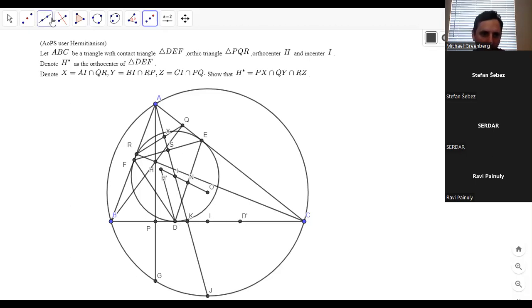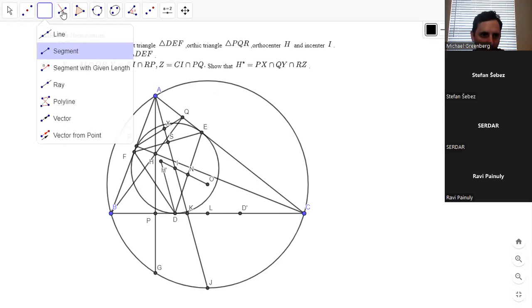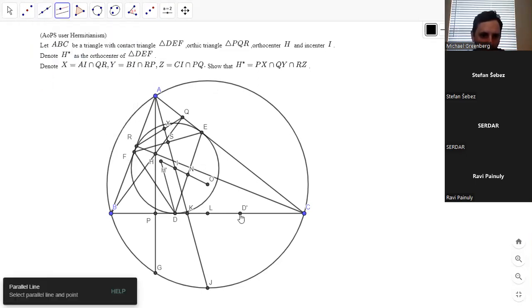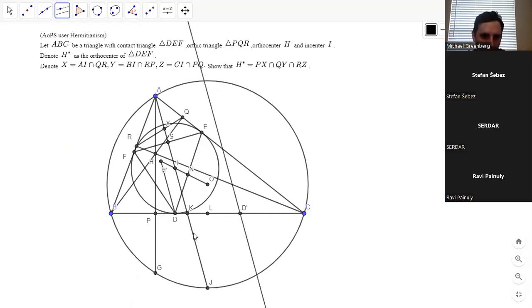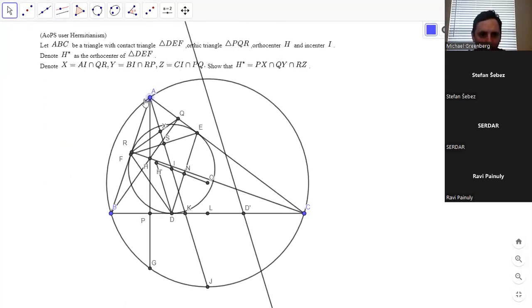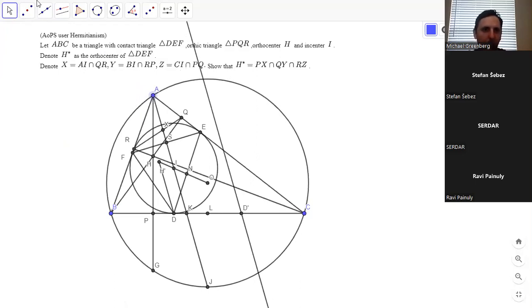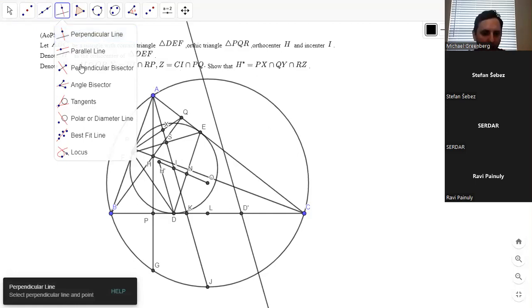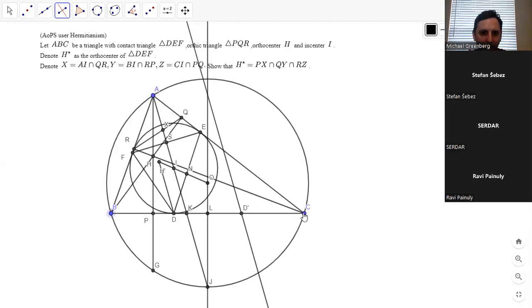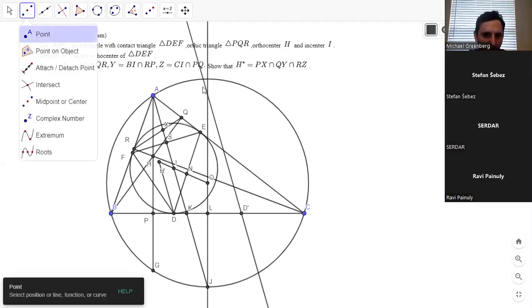Basically, if we draw the parallel through D prime to these others, does that pass through the midpoint of arc BAC? That looks like it passes. I can't tell. I think it might. No, it doesn't. But maybe.